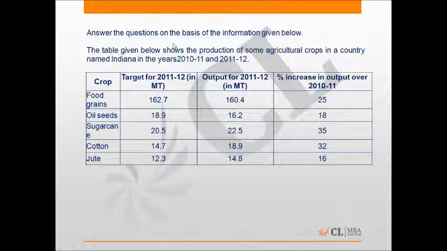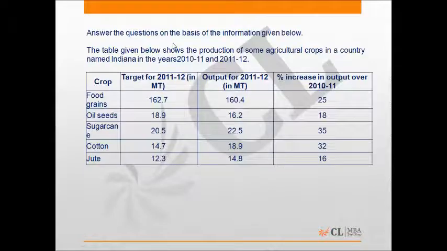If I go for sugarcane, it is 20.5 target and 22.5 is the output. That means an increase of close to 10%. If I go to cotton, the target was 14.7, the output was 18.9. That means an increase of 4.2 million ton over that target of 14.7.